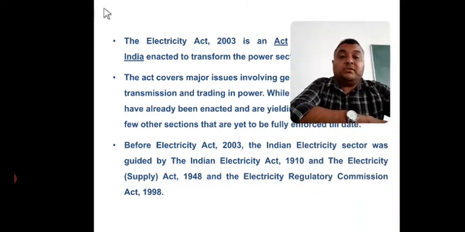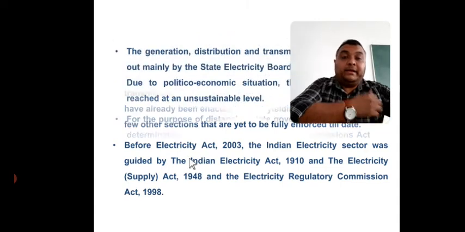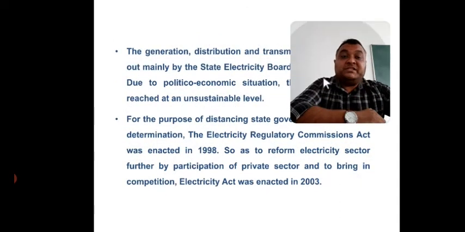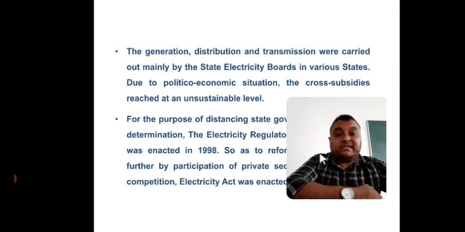Before the Electricity Act 2003, the Indian electricity sector was guided by the Indian Electricity Act 1910, the Electricity Supply Act 1945 and the Electricity Regulatory Commission Act 1998. Generation, distribution, and transmission were carried out mainly by the state electricity boards in various states, and due to the political economic situation, the cross subsidy reached unsustainable levels.